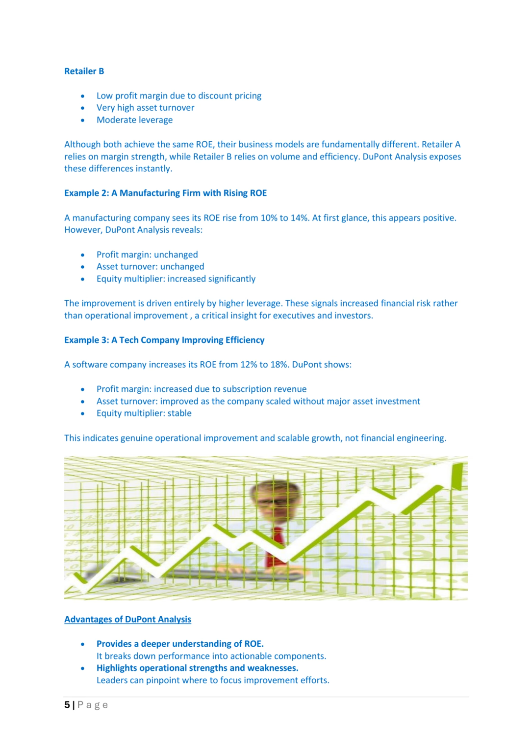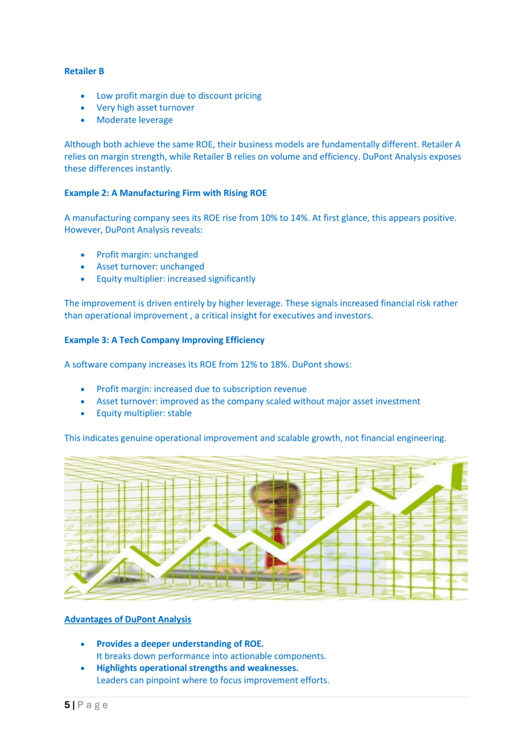Looking at the manufacturing firm, its ROE rose from 10% to 14%, which initially seems positive. However, DuPont analysis shows the profit margin and asset turnover stayed the same, while the equity multiplier increased significantly. This means the rise in ROE is driven entirely by higher leverage, signaling greater financial risk rather than operational improvements, a key insight for both executives and investors.